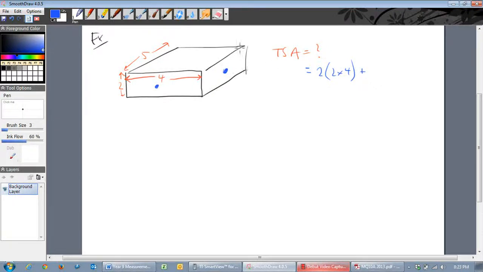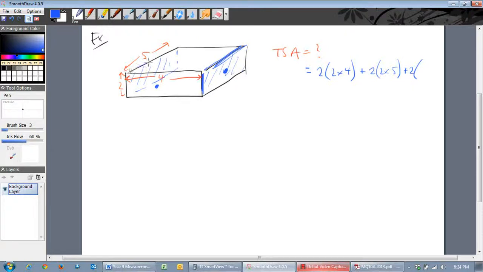How about this face here? What's the area of that face? Well, it'll be this distance here, which is 2, times this distance here, which is 5. So it'll be 2 lots of 2 times 5, because this face over here is exactly the same area as this face here. Plus, the top and bottom have the same area as well.